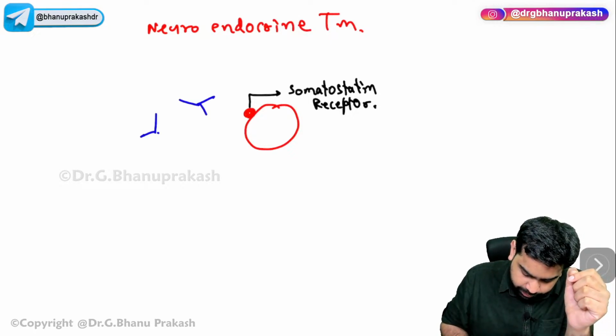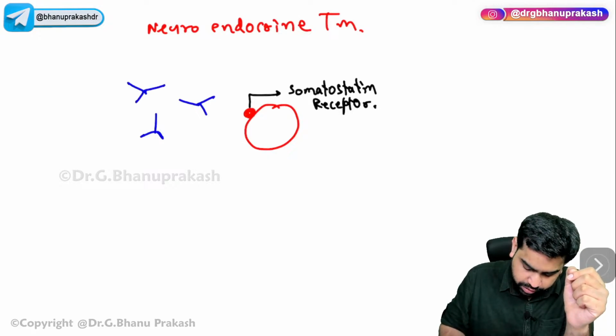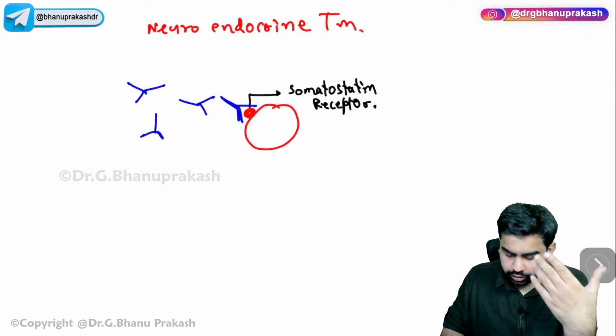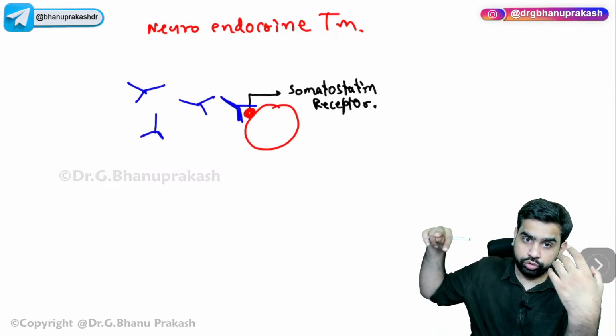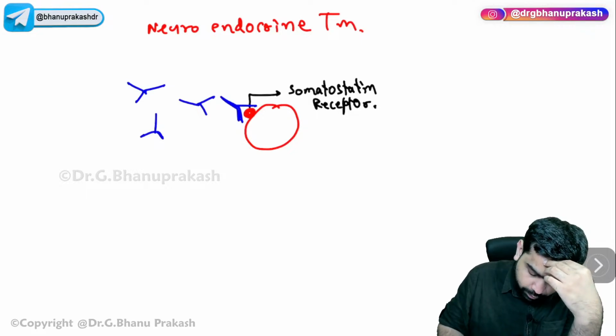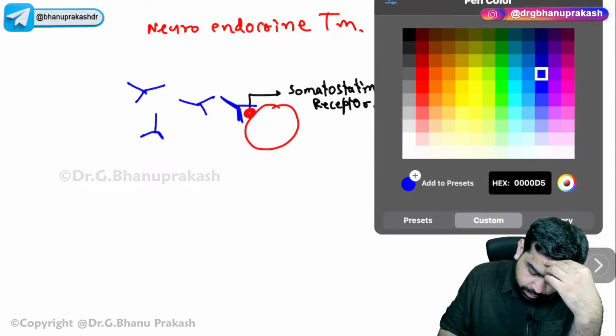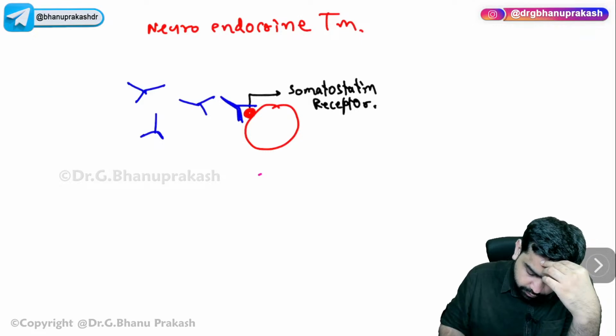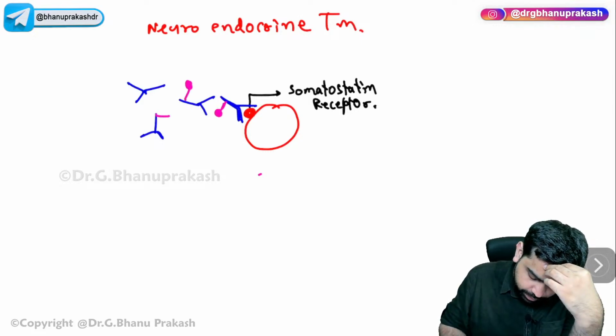We have antibodies which are directed towards these somatostatin receptors. If we put these antibodies into the blood, what is going to happen? These antibodies are going to go and bind to these somatostatin receptors. And what we can do is tag these antibodies with a radiolabeled substance.